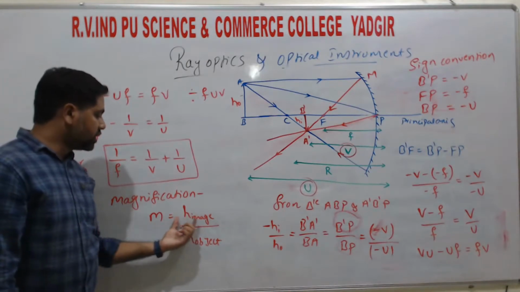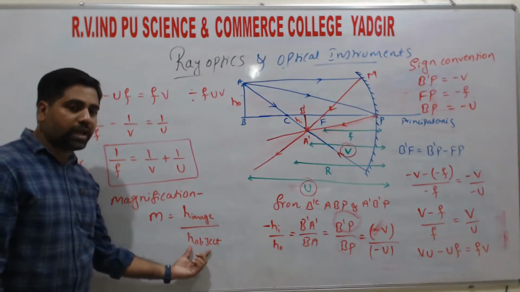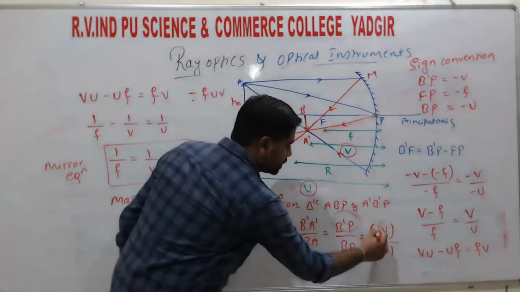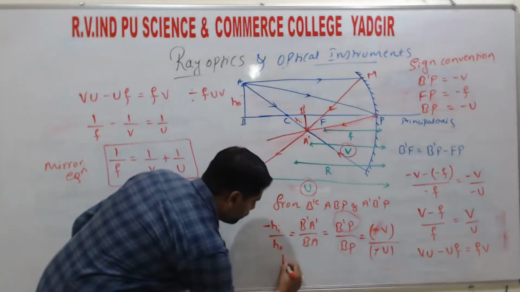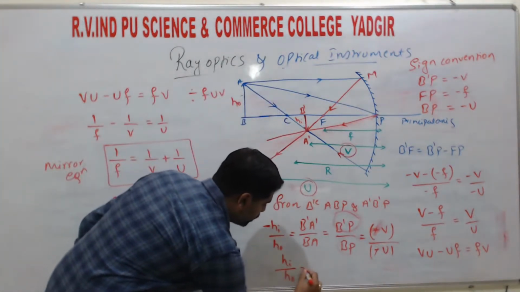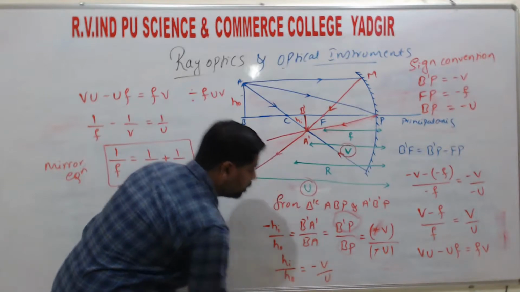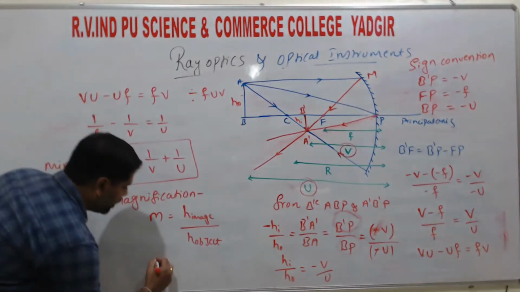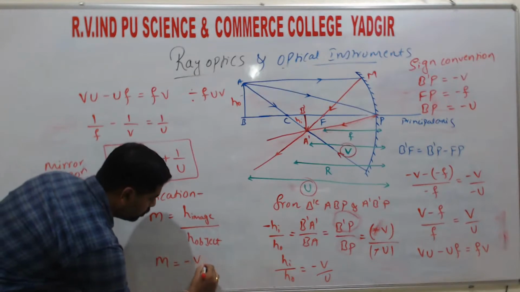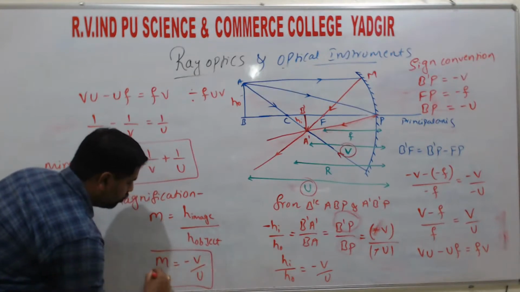The magnification M is the height of the image to the height of the object. Here the minus signs cancel, so we get HI by HO equals minus V divided by U. So magnification M can be written as M equals minus V by U.